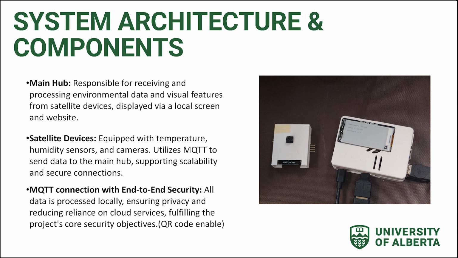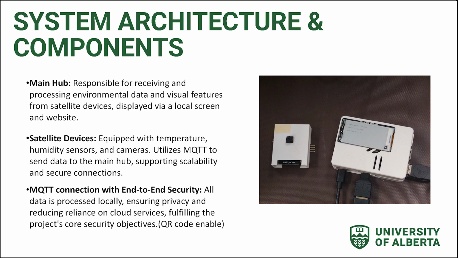Here I will also give you some introduction on the system architecture and components. For our project, we have two main devices. The right side is our main hub, which is responsible for receiving and processing environmental data and visual features such as the photos collected from the satellite device.